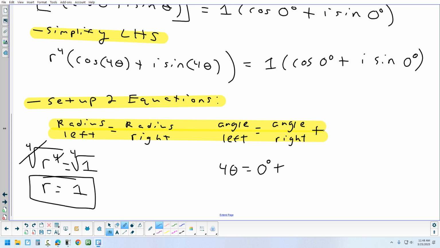We put plus a number times n. Yep, plus 360 or 2 pi n. Okay, we've done that before when we used the graphing calculator to solve for all solutions. If you forget the plus 360n, you will still get one answer. But that's all you will get, one answer.